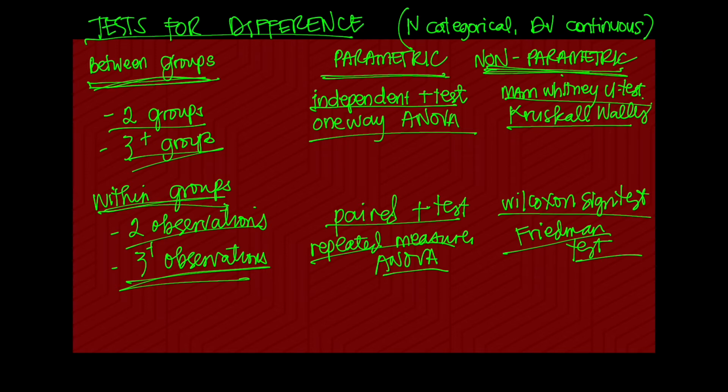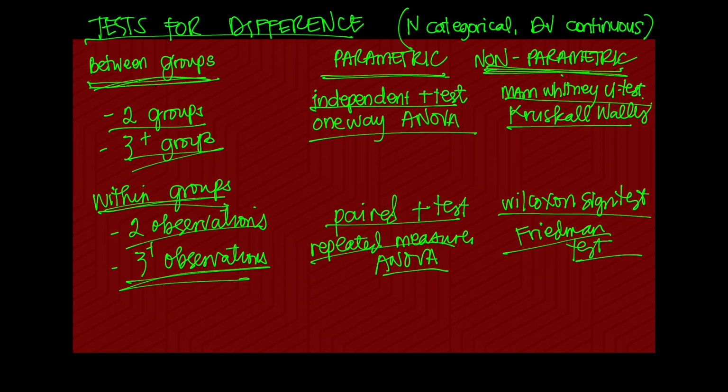Now, when you read articles, you might be reading more complex statistics. We will not be doing it in class, but I will just give you ideas of what the other more complex ways are.